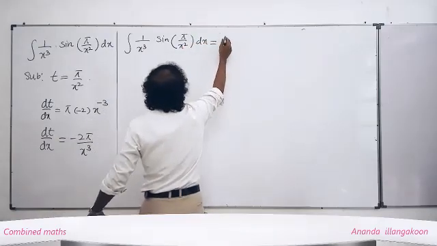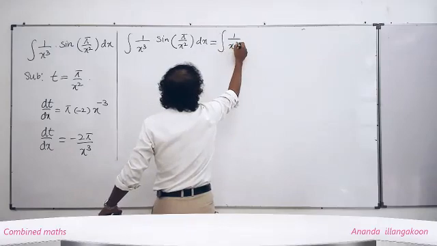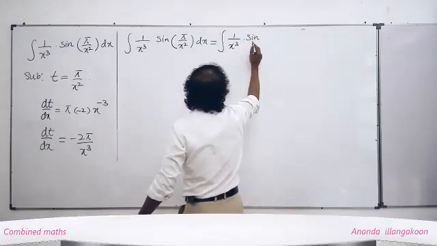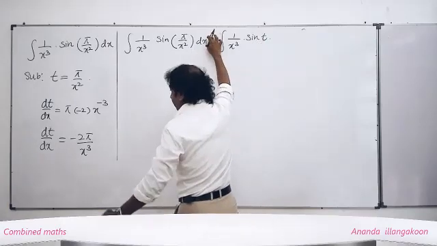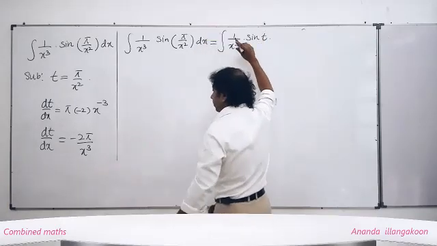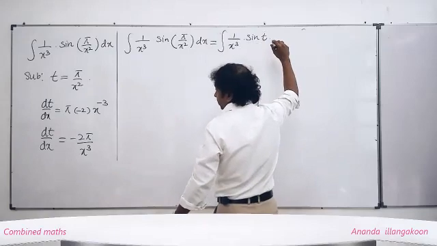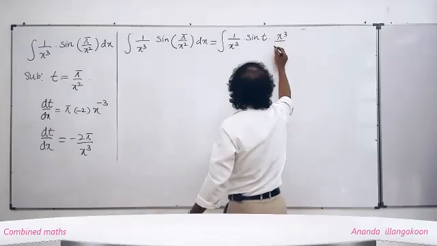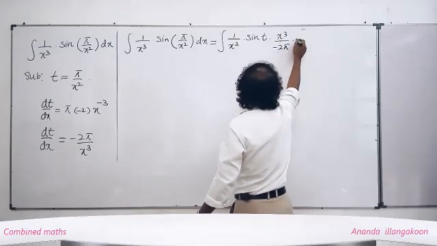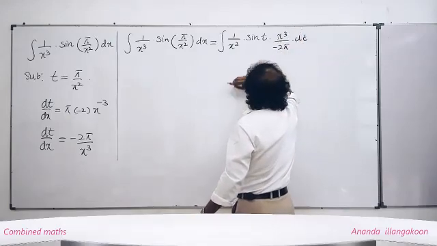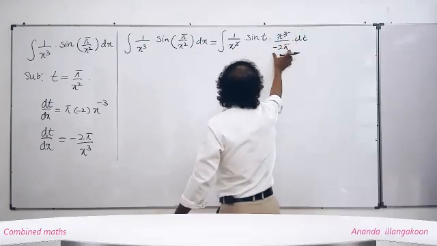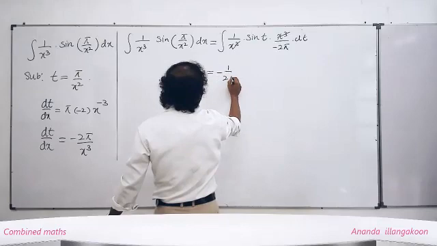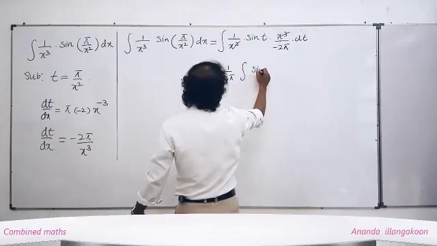Dx is therefore x cube upon minus 2 pi dt, with sine of pi by x squared being sin t. This and this you can cancel down. Minus 2 pi comes before this, it's a constant.